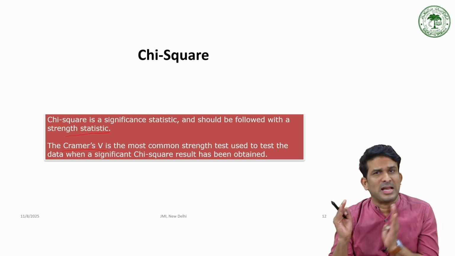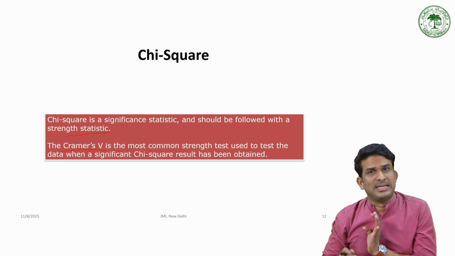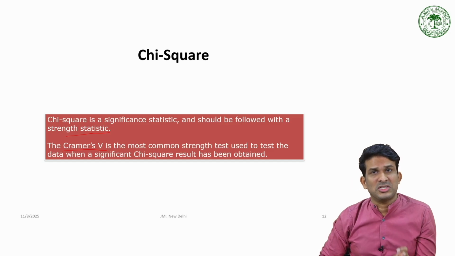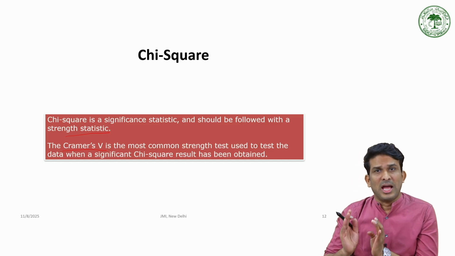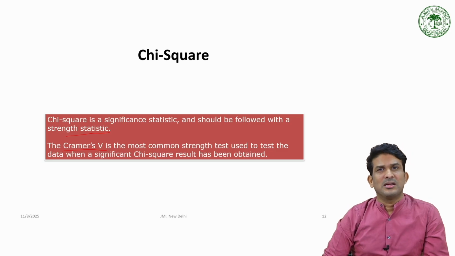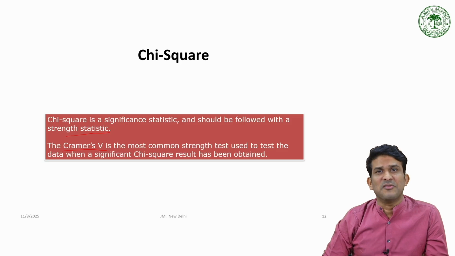Once you do a statistic like the independent sample t-test, what do we generally use? Cohen's d we generally use for identifying the strength of the significant difference between two variables.